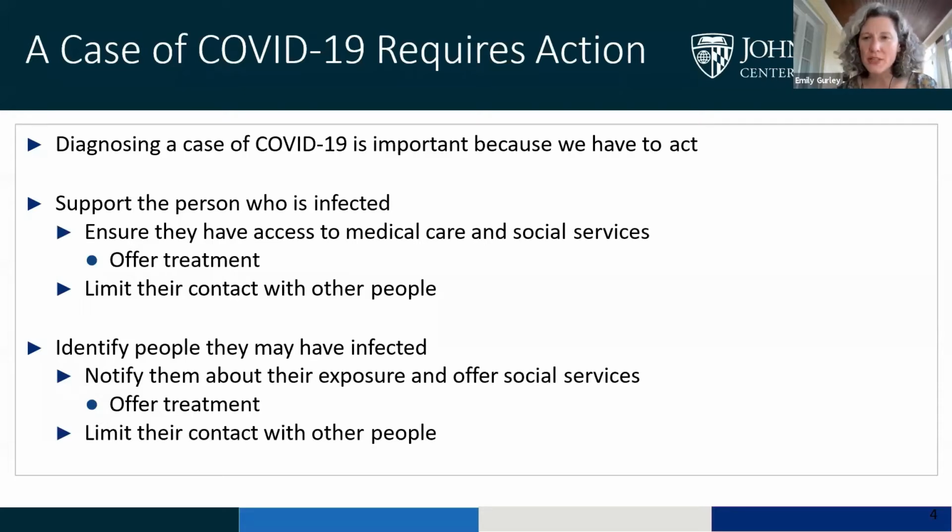And limiting their contact with other people, again, to try to stop the spread. So just to bring this all together: surveillance systems to find people with COVID-19 are there because we have an imperative to take some public health action. These are the kinds of actions we're going to take. So let's unpack this a little bit more.